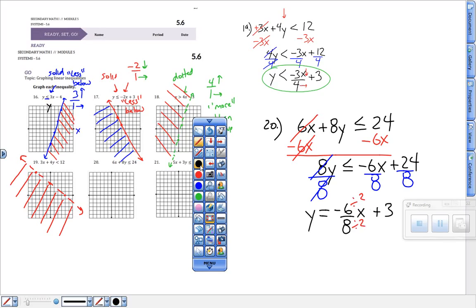Because if I divide that by a 2, that whittles that slope down into negative 3 over 4, but guess what? That is equivalent. You could use over 4 down 6, or you could just go over 4 down 3, same slope. So this one, positive 3, over 4, down 3, up 3, left 4, up 3, left 4.